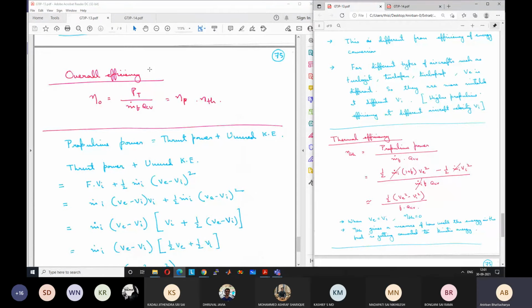So this basically gives the characteristics of the aircraft. It gives us a measure of how well the aircraft is working. And when we design an aircraft, we design it based on certain input conditions. Input conditions are the compressor pressure ratio and the turbine inlet temperature.